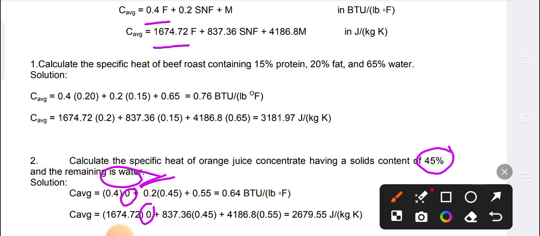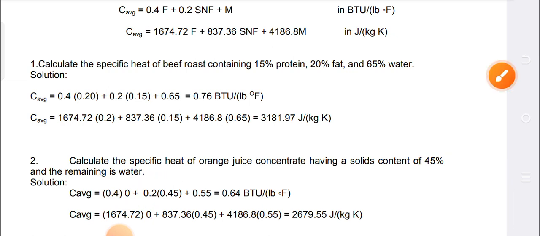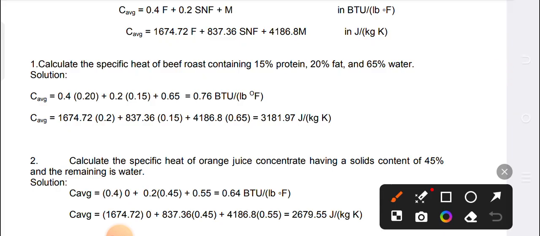So whatever would be the remaining percentage, paano natin makukuha yung remaining percentage? Of course, that would be 100% minus 45%. That's why you're going to have 55% for the moisture.